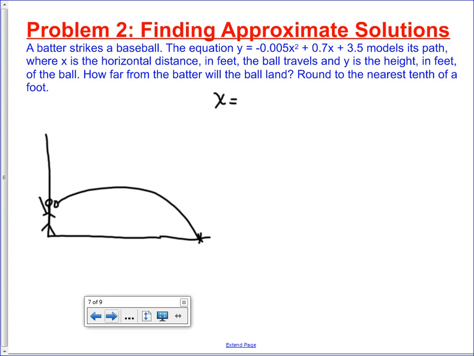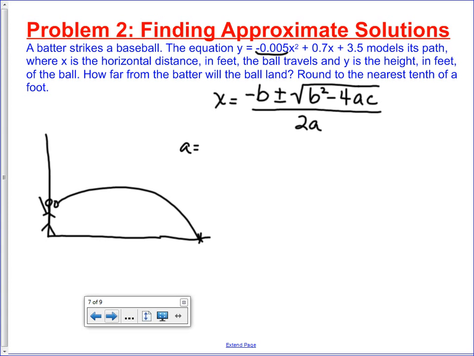Okay, so let's start again with our formula. X equals negative b plus or minus the square root of b squared minus 4ac all over 2a. All right, let's substitute in. Now, my a is negative 5/1000. So let's write that down. A is negative 5/1000. B is 7/10, and C is equal to 3.5.